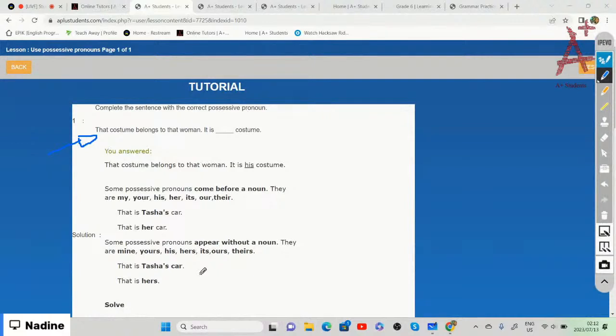Do we say it is my costume, your costume, her costume, our or theirs? We need to put the correct possessive pronoun on the line. So that costume belongs to that woman. Then we can say it is her costume, because her refers to a female, girl or woman. So it is her costume.